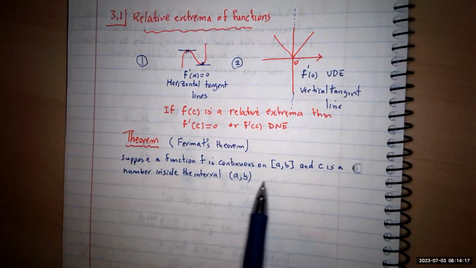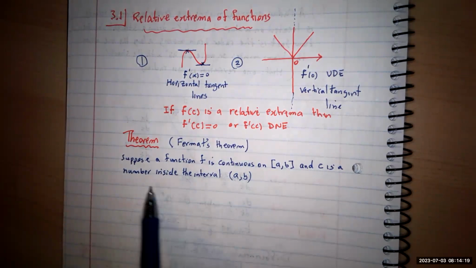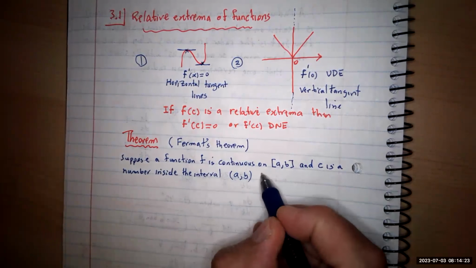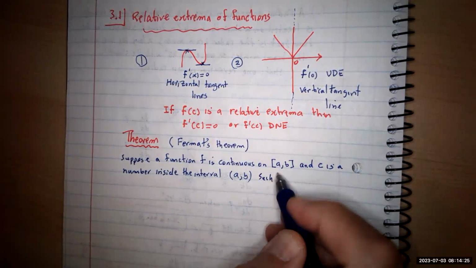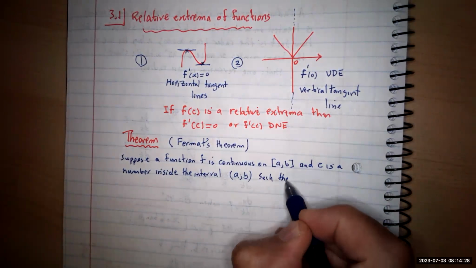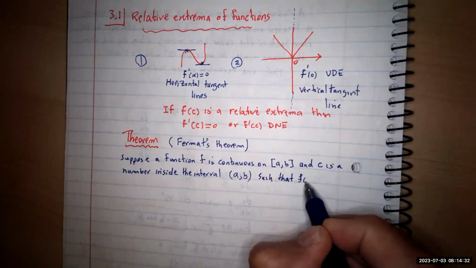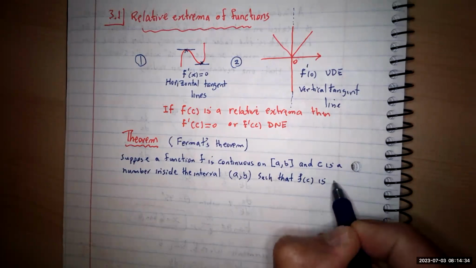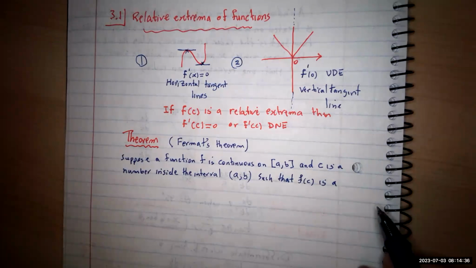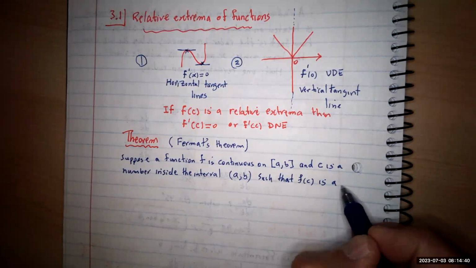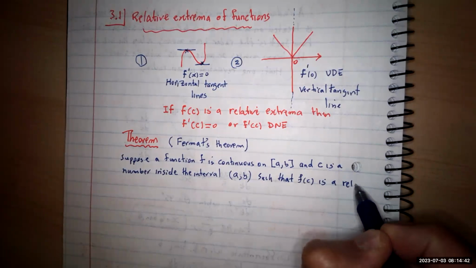So suppose f is continuous on this interval, and c is a number inside the interval (a, b), such that the value of the function at this point, f of c, is a relative extremum, meaning a relative maximum or a relative minimum.